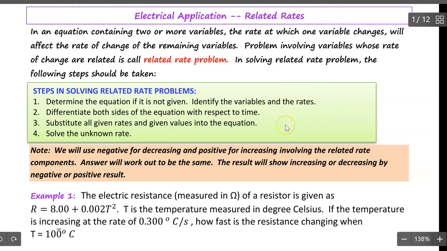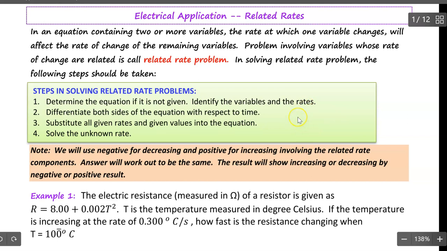In a previous lesson, we talked about the rate of change of current, of charge, of voltage. When we talk about the rate, we always talk about the differentiation of that variable with respect to time.